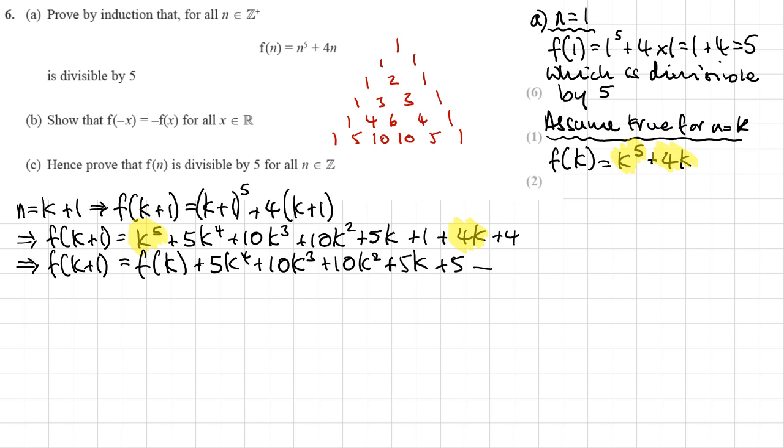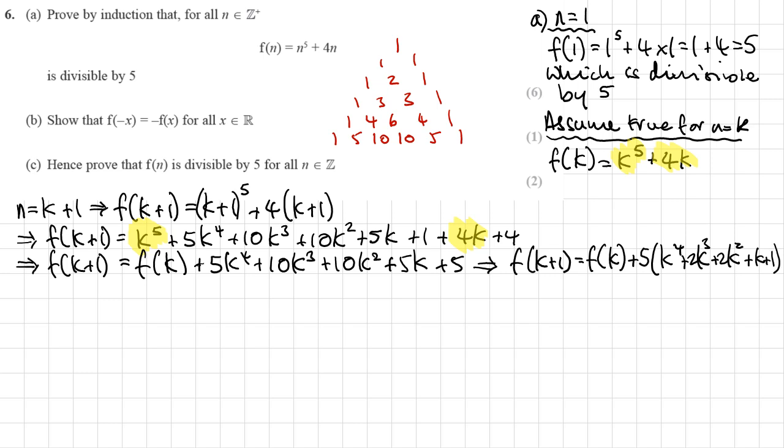So f of k plus 1 is equal to f of k plus, well, I've got a multiple of 5 here, haven't I? It's 5 lots of k to the power 4 plus 2k cubed plus another 2k squared plus k plus 1.